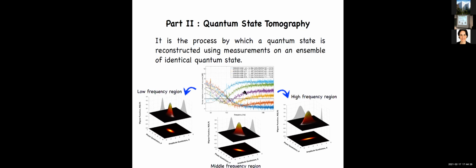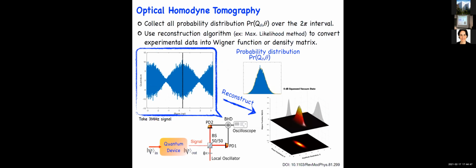For example, from the gravitational wave frequency dependent squeezer, let's say we want to convert the different frequency zones into the frequency Wigner function, like this picture.